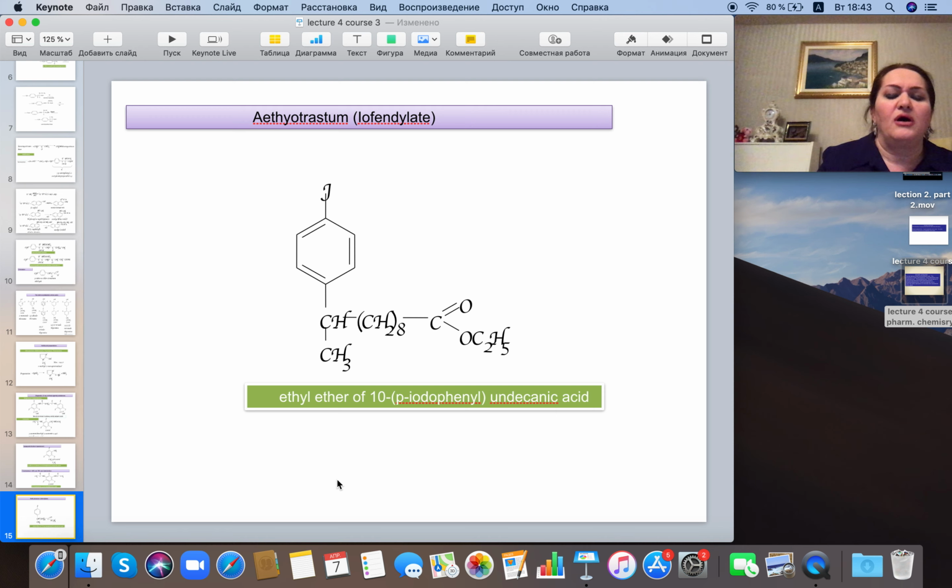And another preparation, etiotrastum or iodophendylate, which has this structure, is also used for studying the gallbladder and biliary tract of the body.